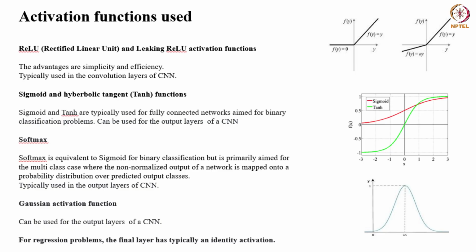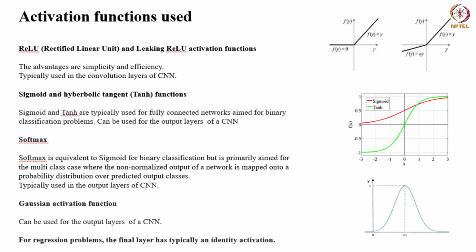Finally here, there are a few comments on the activation functions that could be used. Many times you use different kinds of activation functions in different parts of this kind of complex system.